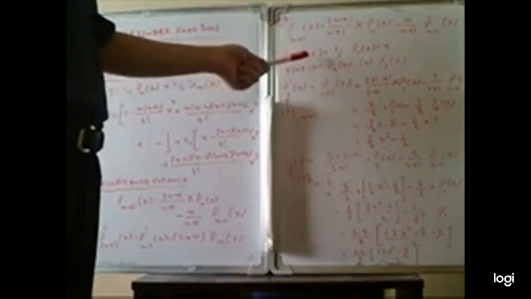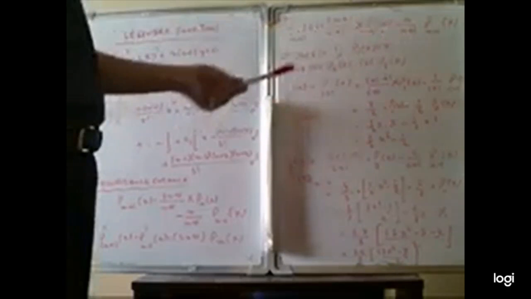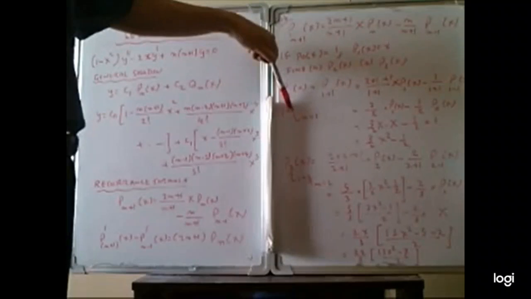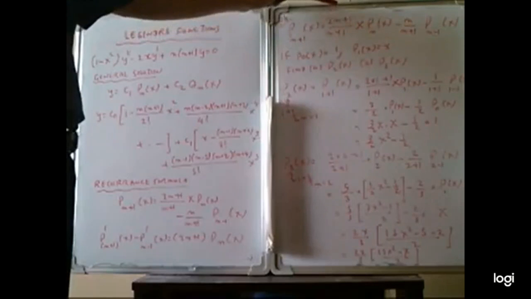So in this case, P0 is 1, P1 is x. We have to find the P2(x) and the P3(x). Okay, firstly we find the P2(x). P2(x) means that 2 is 1 plus 1, so there will be an n. We compare with the n plus 1, so n is equal to 1. In this equation, in the place of the n, you substitute 1.